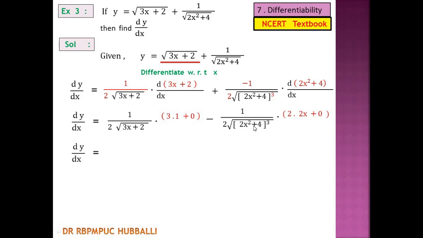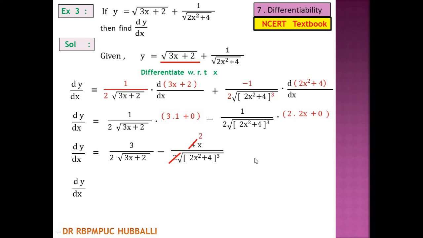So simplifying, this is 3 value, therefore 3 divided by 2 root 3x plus 2 minus the first function as it is, 4x. Here it becomes 4x because 2 into 2 is 4, x as it is, and this is 0, means 4x into 1 means 4x divided by 2, and in that 2 and 4 get cancelled, like 2 ones are 2, 2 twos are cancelled.